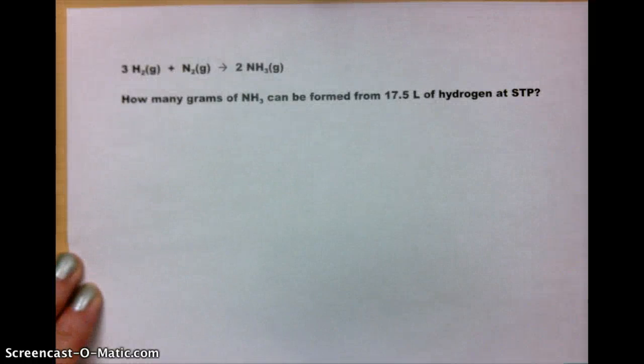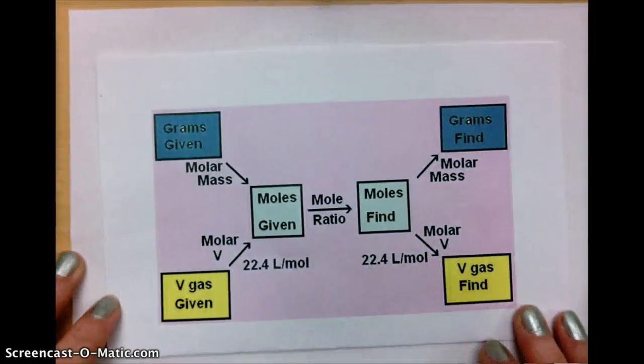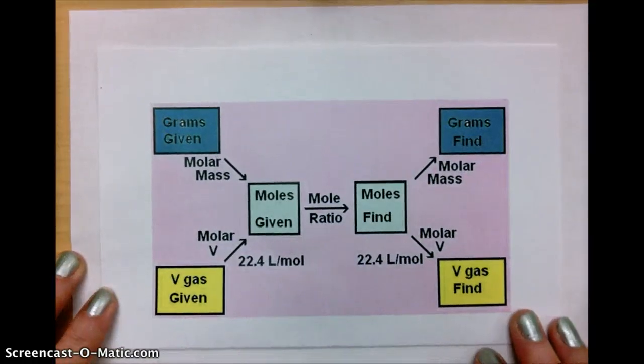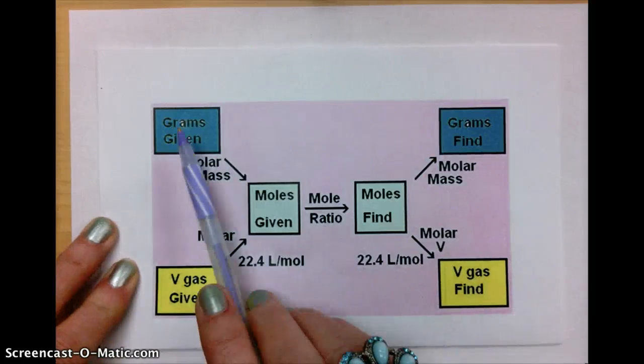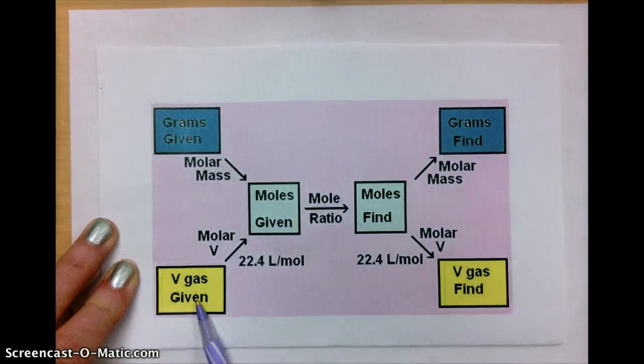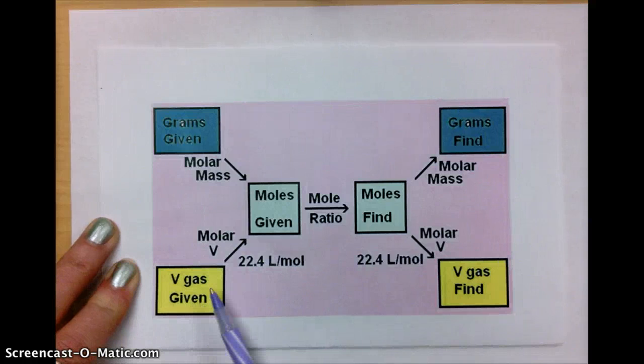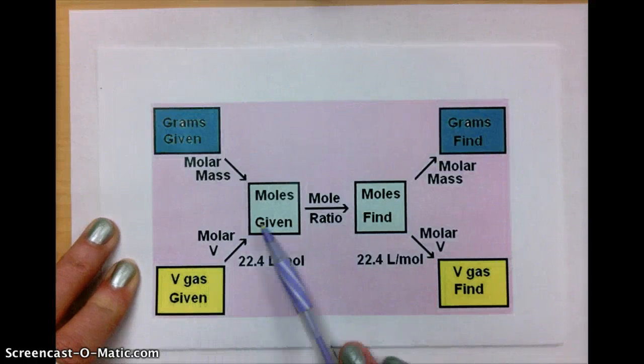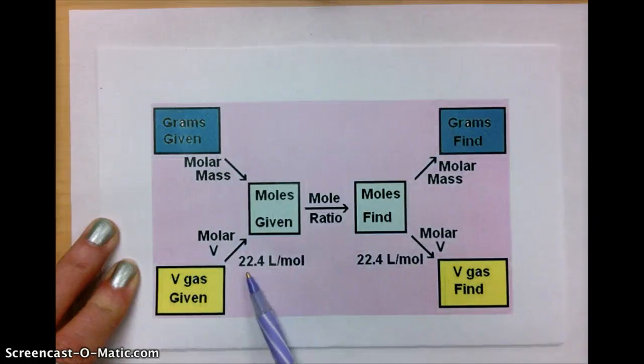Let's go back to our cheat chart for stoichiometry. Now in this problem, we were given liters of hydrogen. So we're not starting at grams, we're not starting at moles, we are starting with the volume of a gas given at STP. From that liters, we can convert to moles by using the molar volume, which is 22.4 liters per 1 mole.